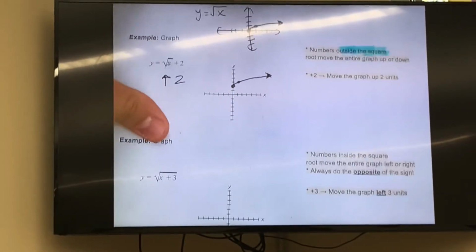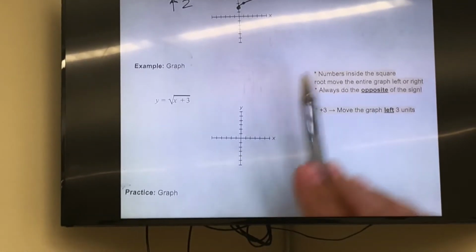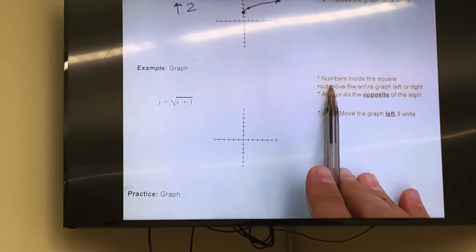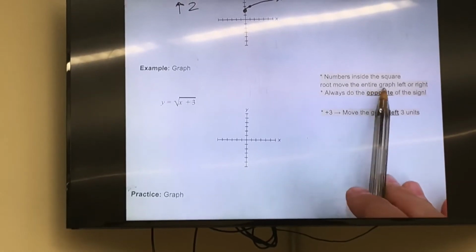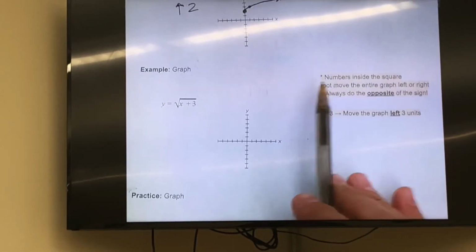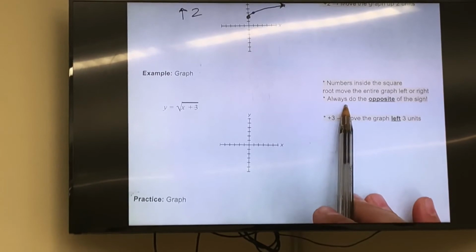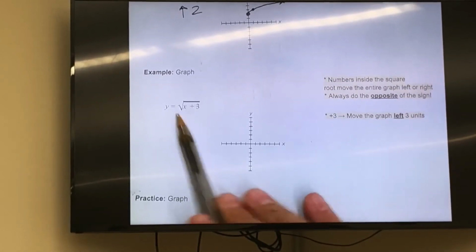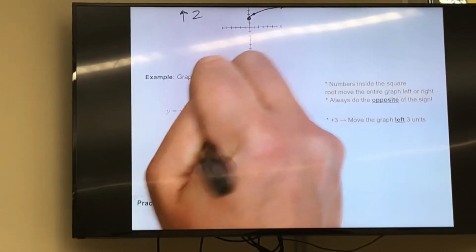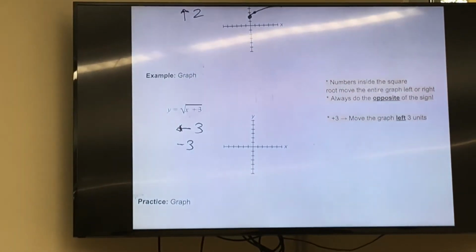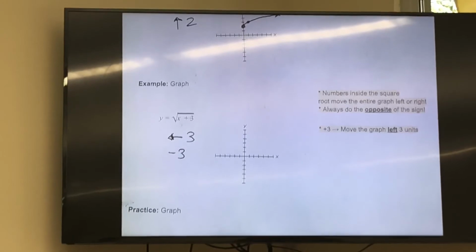So the next example, if the number is inside of the square root, as you can see it here, that is going to move it left or right. It is always opposite of the sign. So I see a plus 3, so that means it's going to move left 3 or a negative 3. Always opposite of what you see.